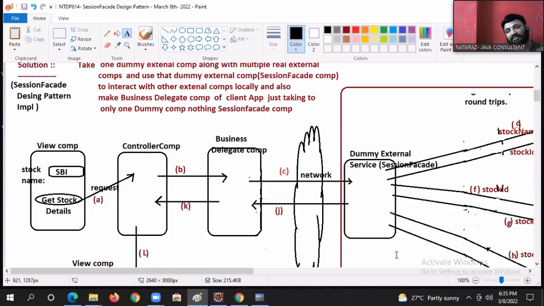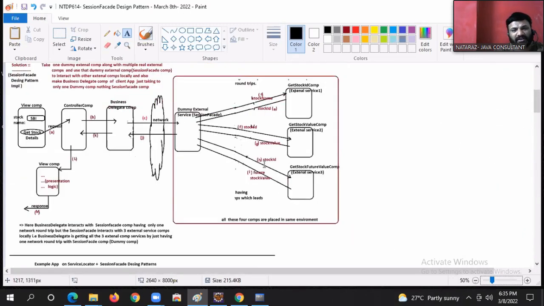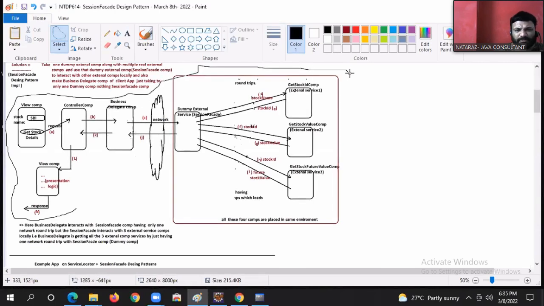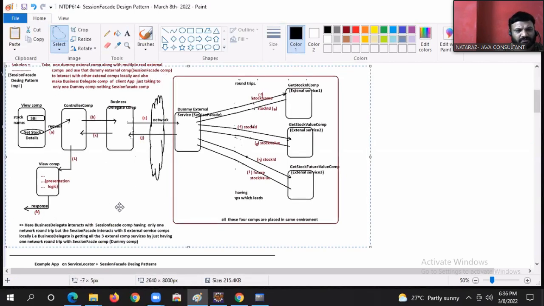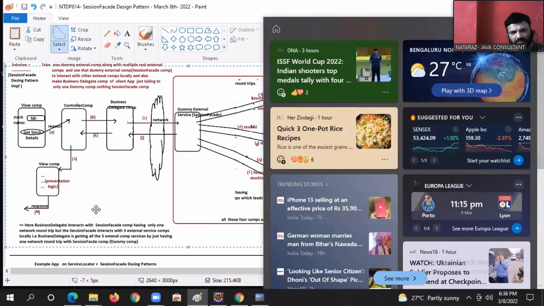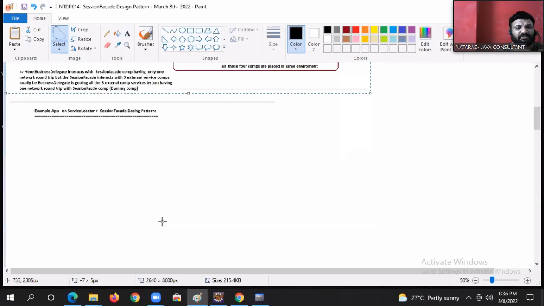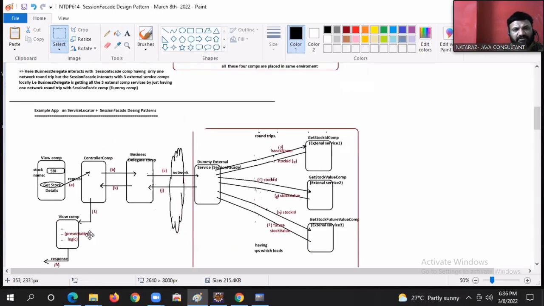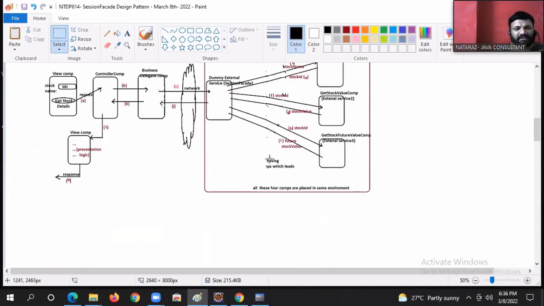Okay. Let's take this solution diagram once, boss, and let's improvise this diagram.